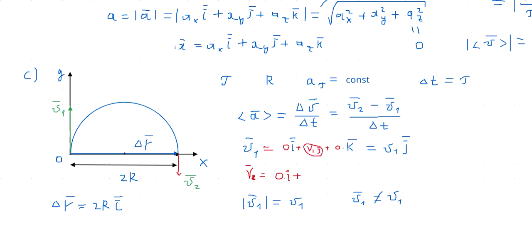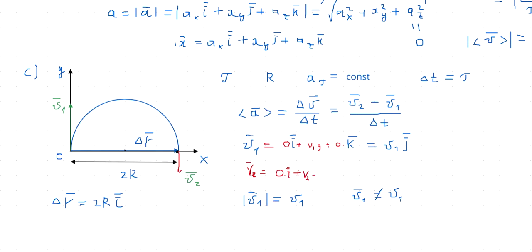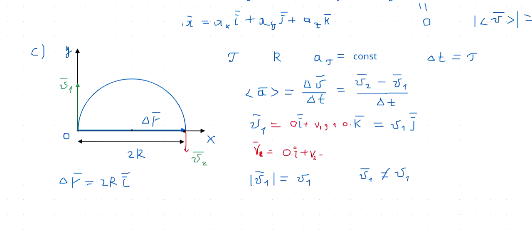If it's similar, we're going to say it's v1 again. Not v1, v2, sorry, because now we are speaking about v2. What is necessary to take into account is that the directions of axis y and v2 are different. So we have this situation.